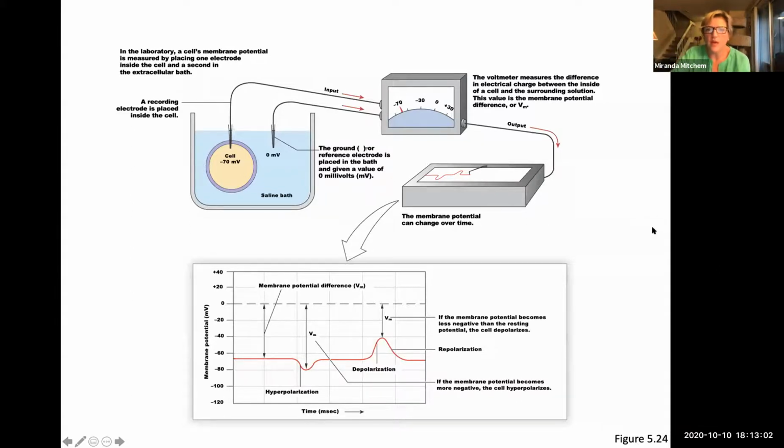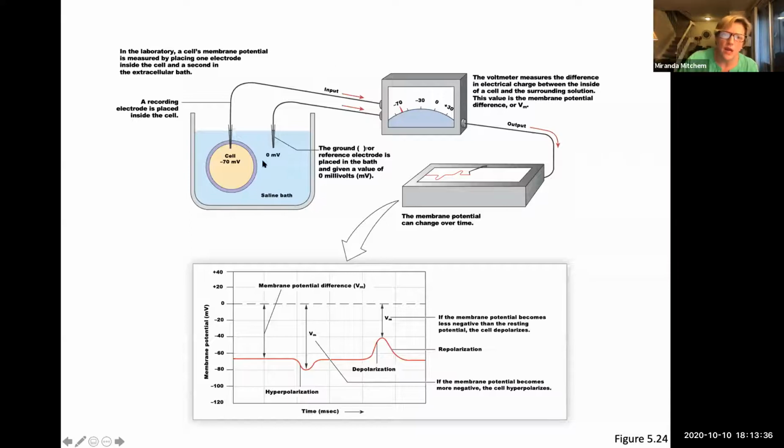So let's run through how the voltmeter works. Here we've got an artificial cell that is in a saline bath. There are two electrodes. One is going into the cell and the second is going into the bath. The inside of every cell is not minus 70. It doesn't work that way. What it means is that there is a difference of 70 millivolts from the extracellular to the intracellular environment.